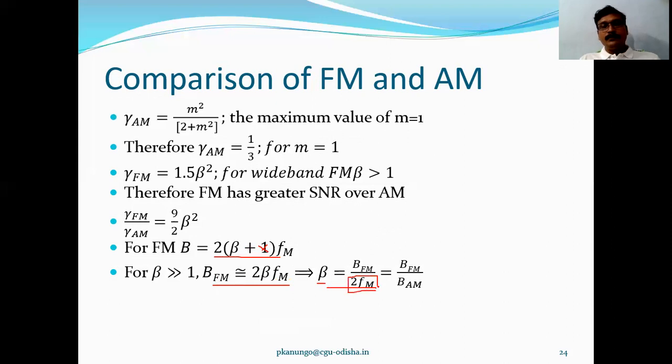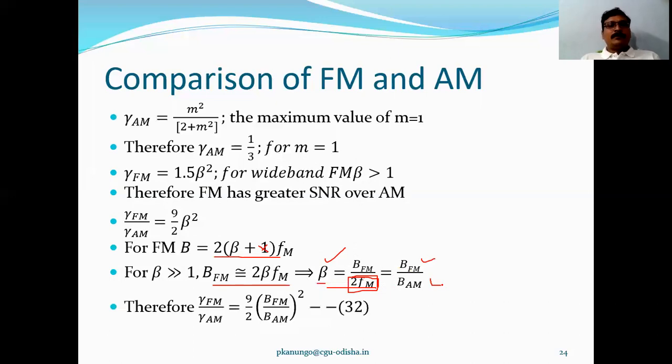If you remember, 2fm is my AM bandwidth. So the modulation index can be represented in terms of the bandwidth of FM and the bandwidth of AM, that is BFM by BAM. Therefore the gamma FM by gamma AM ratio is equal to 4.5 BFM by BAM squared.